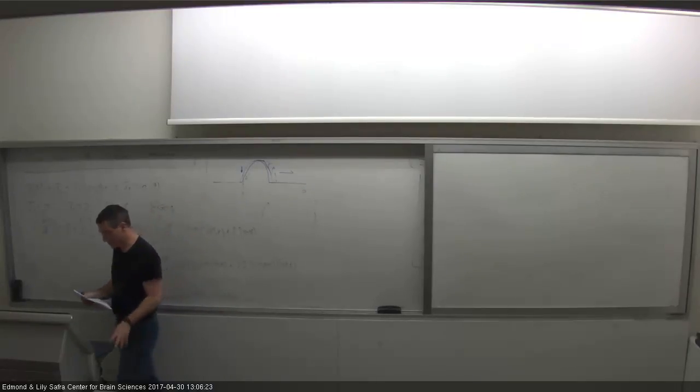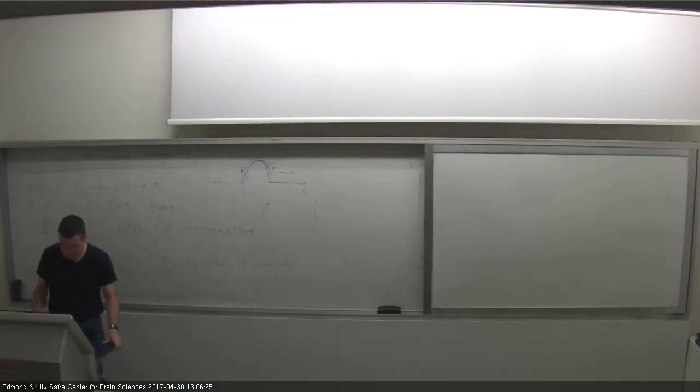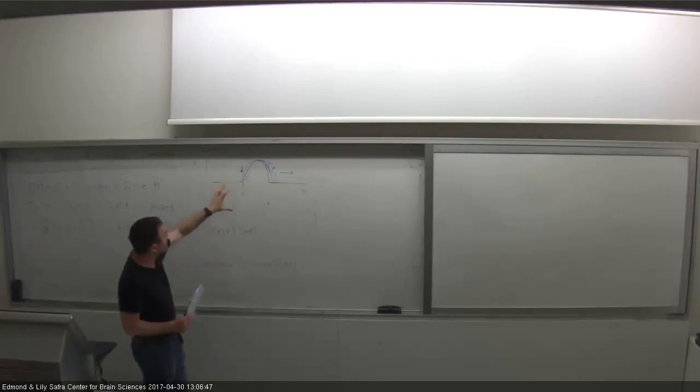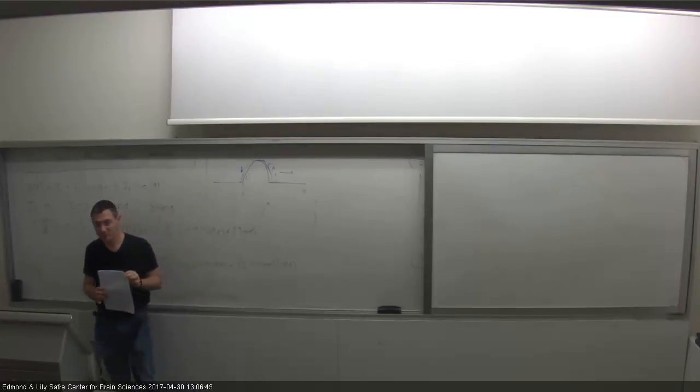Now, there are, I guess, two questions that are left. One is what would be the speed of this bump, and the second question is what would be the shape of the bump. I don't remember who brought this up, but adding this perturbation to the connectivity can have two effects. First, the bump would be moving, and second, the shape of the bump may change.